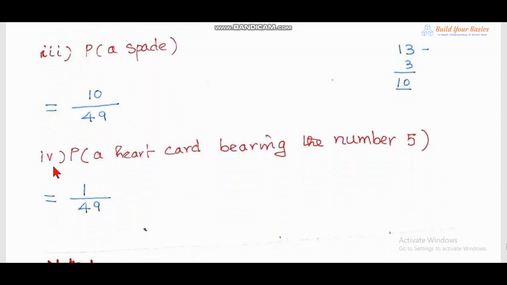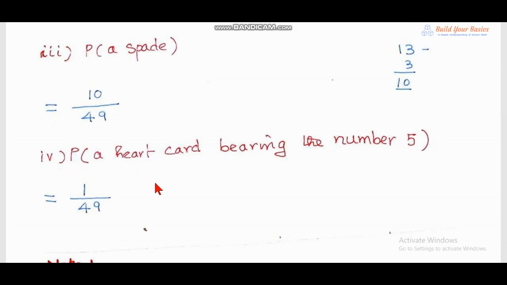Then fourth subdivision. Probability of drawing a heart card bearing the number 5. Denominator 49, because the exhaustive number of cases, total number of cards, is 49. How many heart cards bearing number 5? Only one, because hearts are not touched.